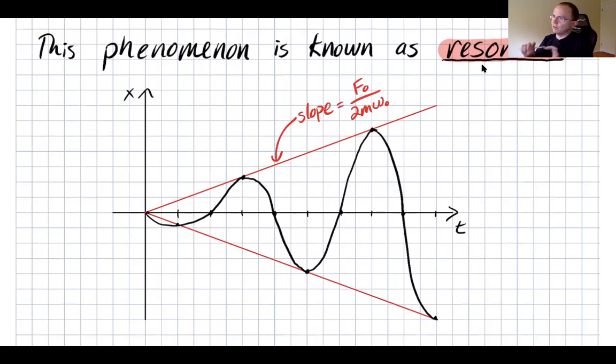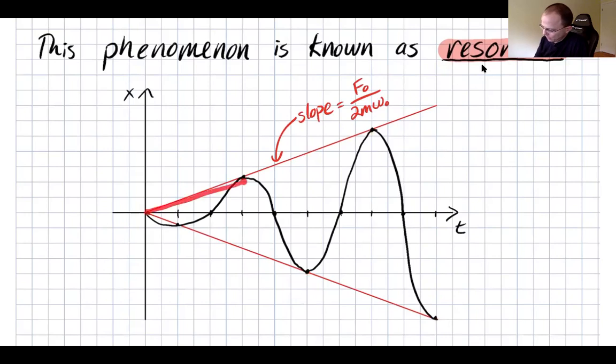But if your pushes are at the wrong time, then that will cause the person to swing slower and slower. So that's kind of what's going on here: the external force is like pushing at exactly the same frequency as the natural frequency, and this is just adding more and more amplitude to the oscillations.